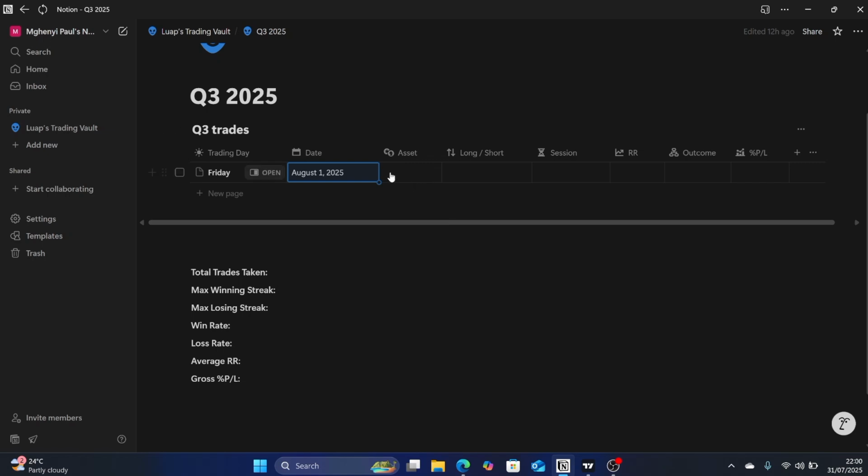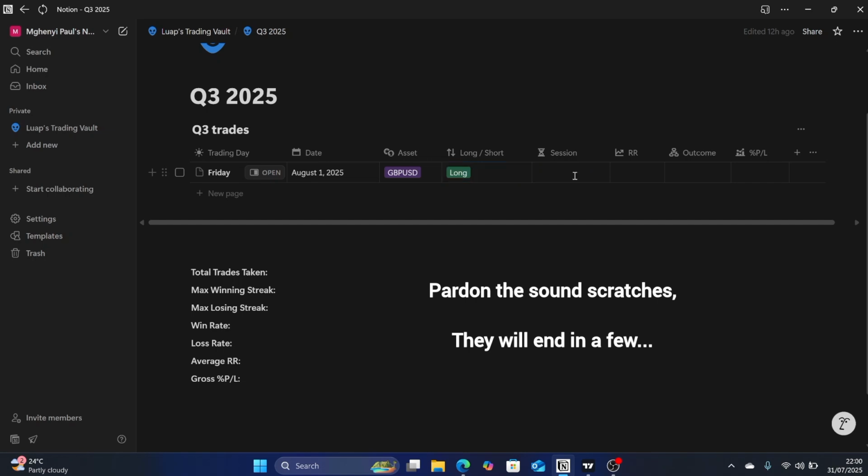Then the asset, let's say I took a trade on GBP USD. Is it a long or a short? Let's say I took a long. GBP USD is selling, but counter trend, I will be taking a long. Then for the session, let's say I got the trade during London. Then for R, let's say I got a 1:3, so I'll just input 3. Then for the outcome, let's say it was a winner.